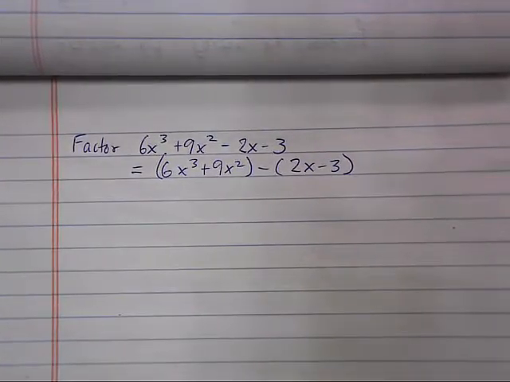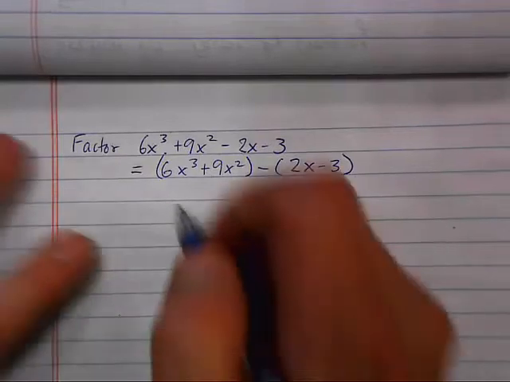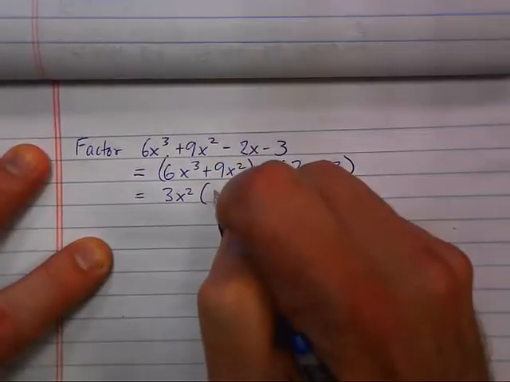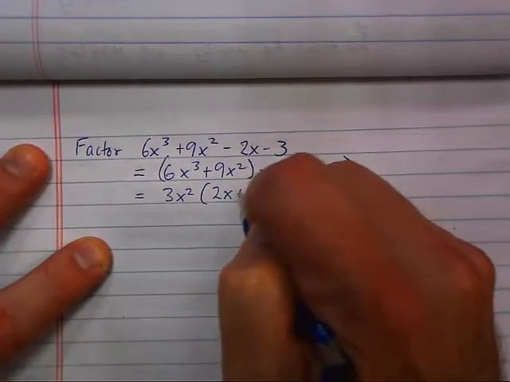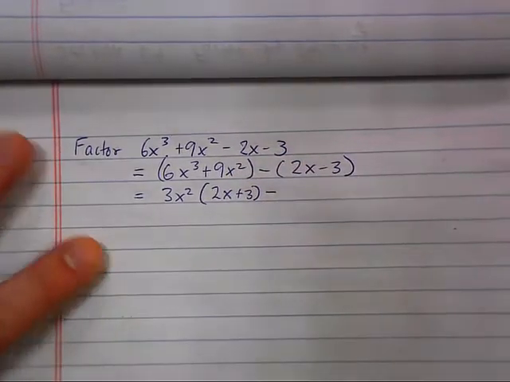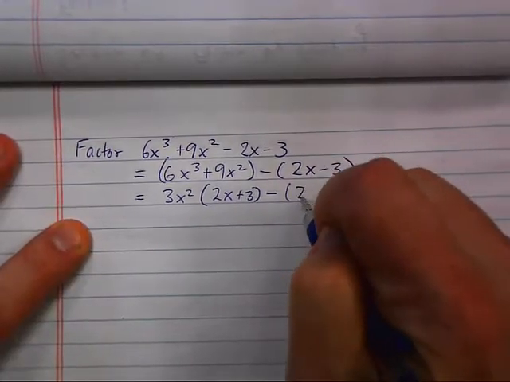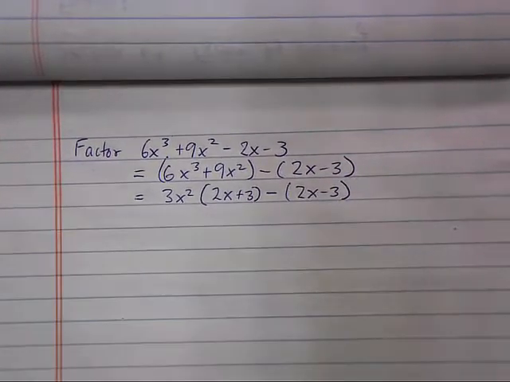And it looks fine. What's common in the first group? Same thing, 3x squared. And left over? 2x plus 3. Minus. What's common in the second group? Nothing. 2x minus 3.